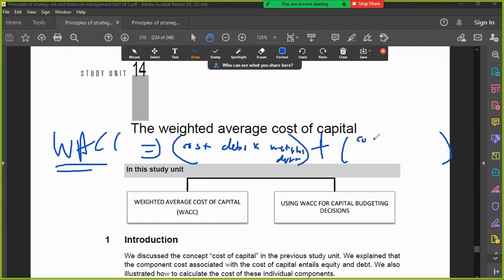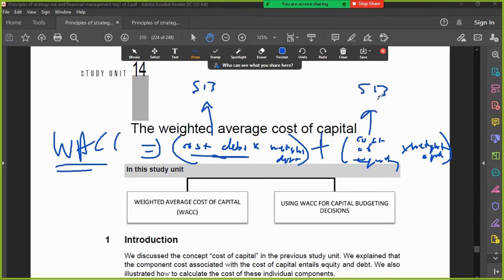And then you've got the cost of equity times the weighting of equity. That's all. Okay, so this cost of debt comes from study unit 13. This cost of equity comes from study unit 13. This weighting is if I'm using 50-50, 60-40, 70-30, whatever it is.